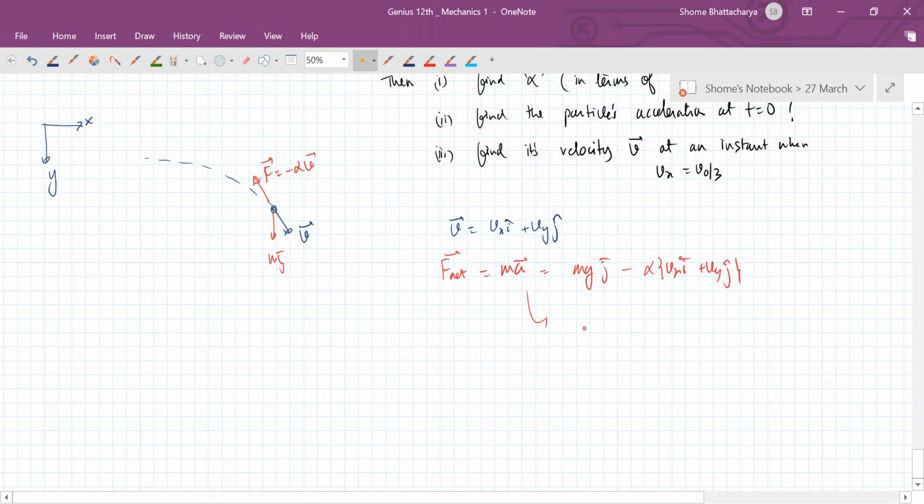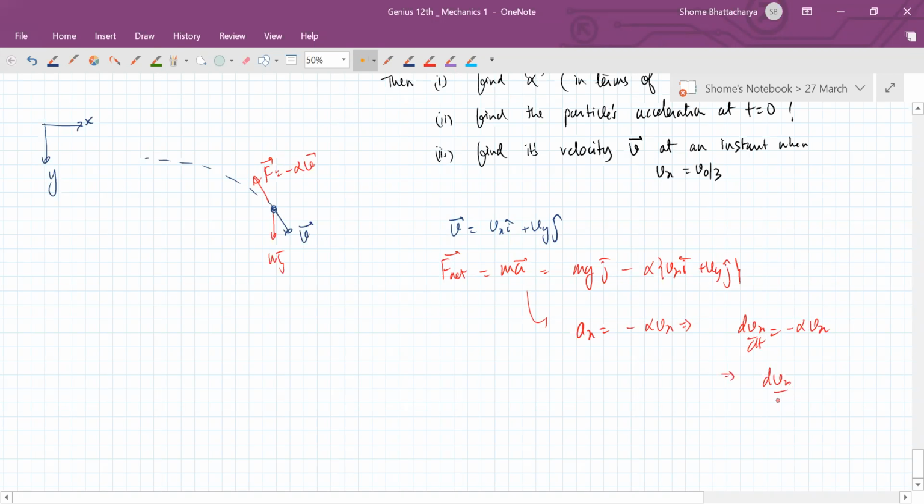So you can see that the acceleration's x component is minus alpha Vx. So dVx by dt is minus alpha Vx.